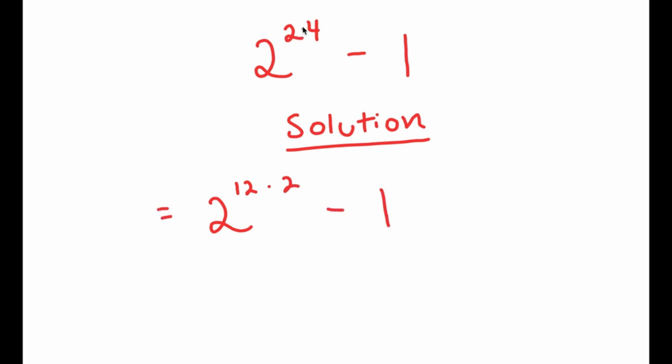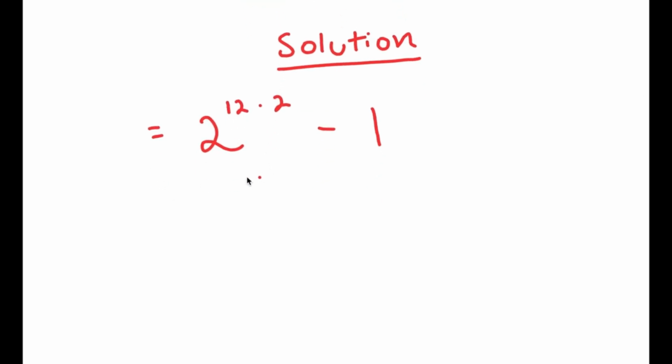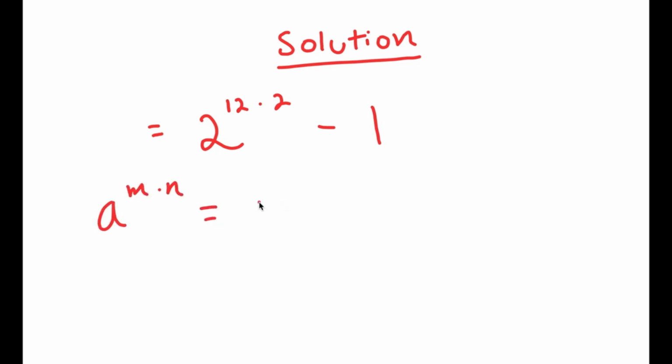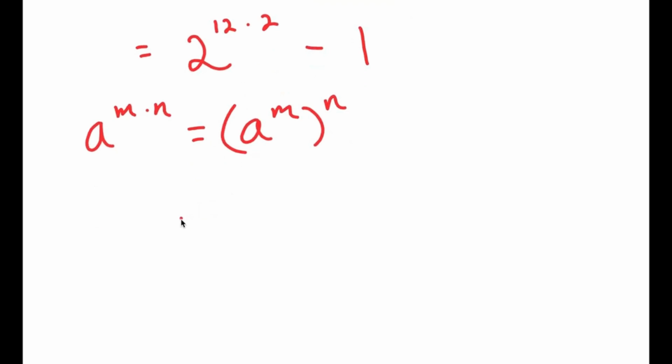All I did was rewrite 24 as 12 times 2. Now, if I have something in the form a to the power of m times n, this is equal to a to the power of m to the power of n. So 2 to the power of 12 times 2, I can rewrite as 2 to the power of 12 to the power of 2.